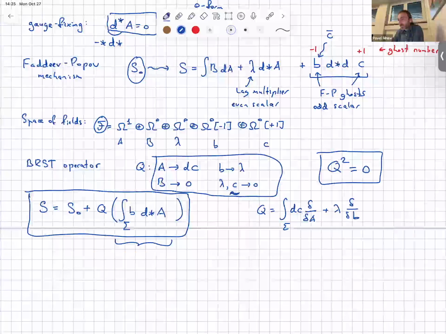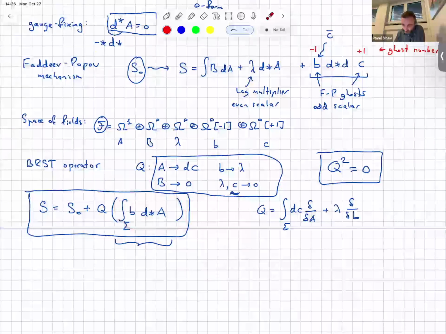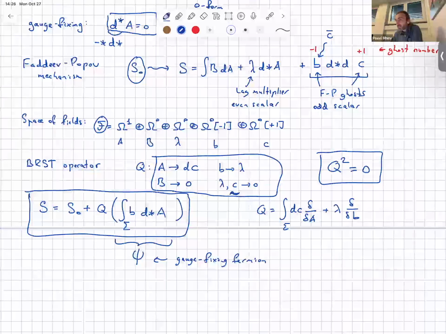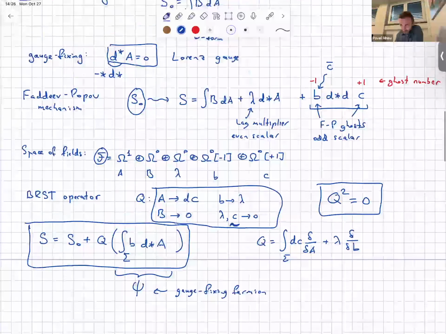Now let me call this expression in brackets psi. Psi is sometimes called the gauge fixing fermion. Something that's important is that the only place where the metric appears in S is, well, S0 did not depend on the metric, right?